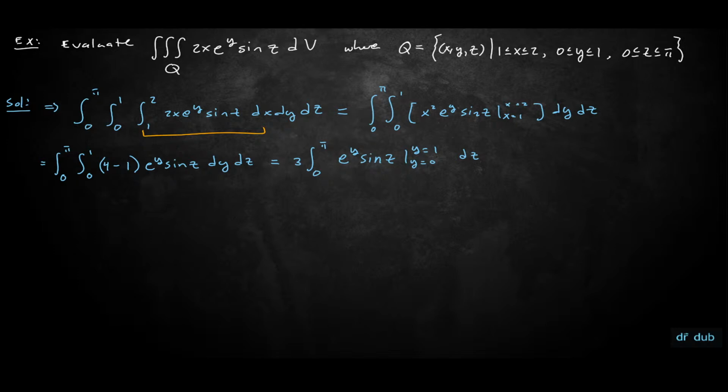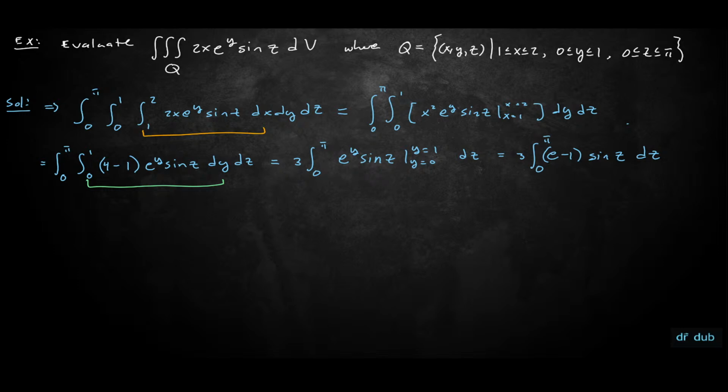And evaluating that, we get 3 times the integral from 0 to pi of e minus 1 times sine z dz.